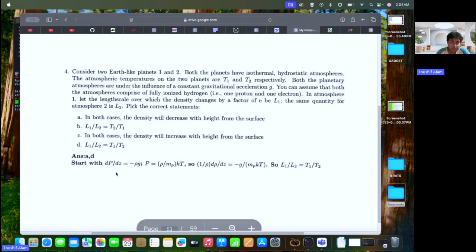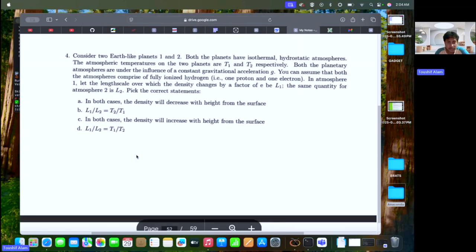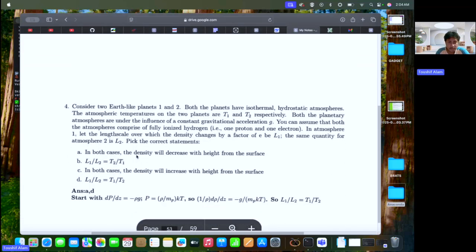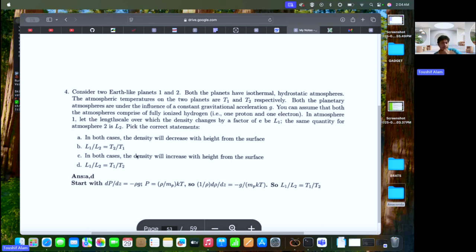We know the pressure gradient. Simply, pressure is rho g h, so dP/dz is minus rho g. As we go higher, the density will decrease and the pressure will decrease. And P is equal to rho by mp kT.